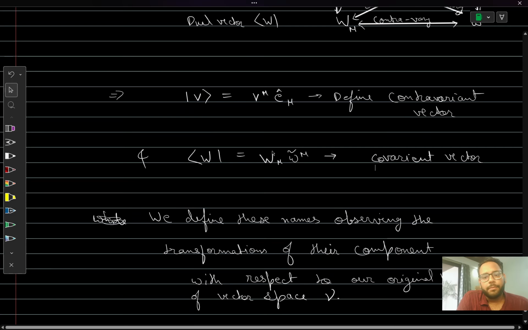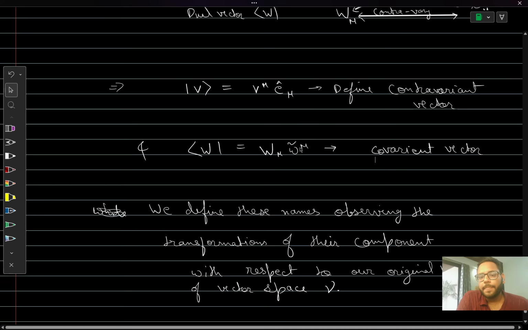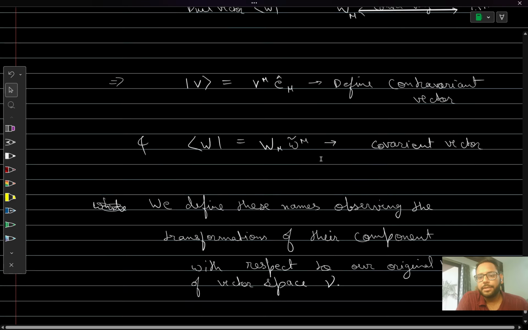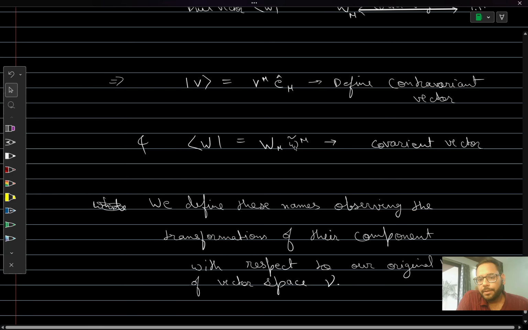If I take my dual vector space and define this basis with lower indices, then you would say this vector component will vary covariantly with this basis, and the components of the dual vector will vary contravariantly with this basis.